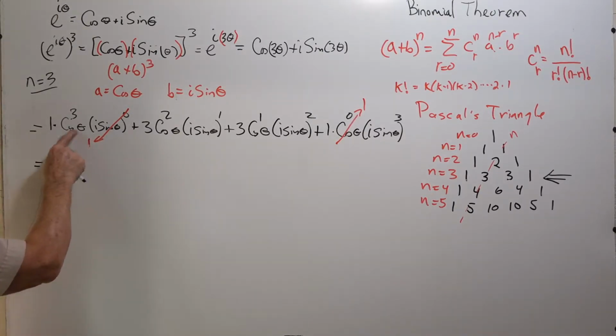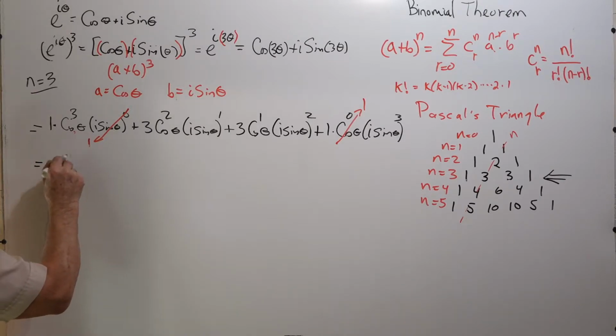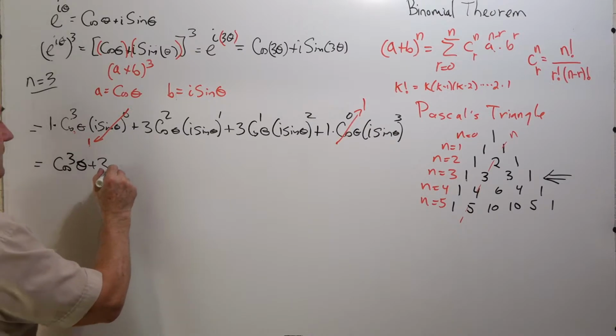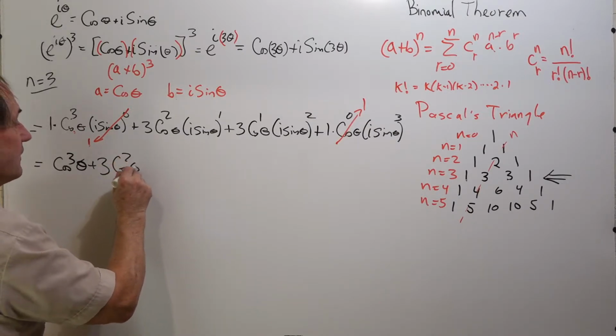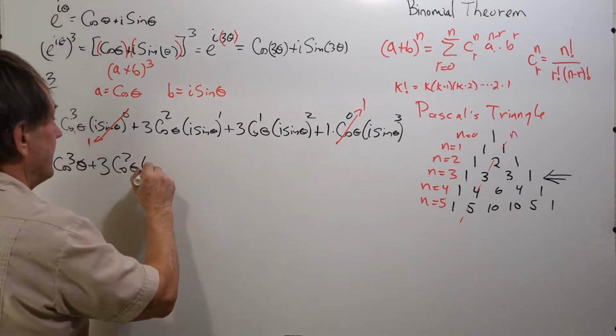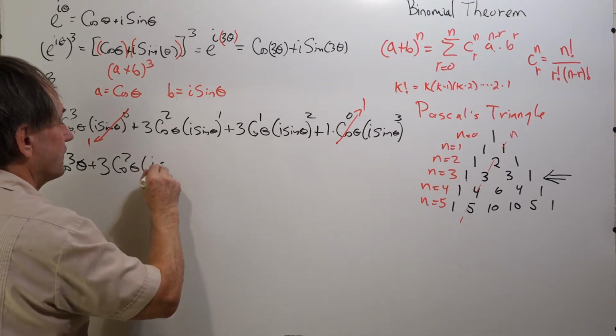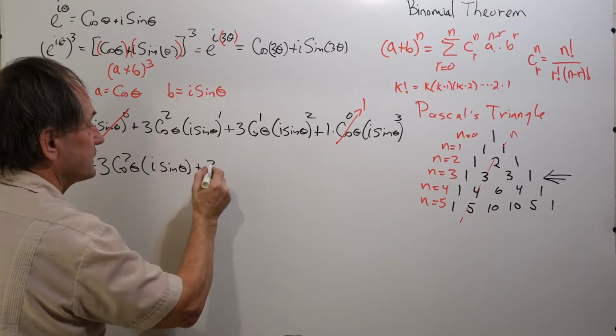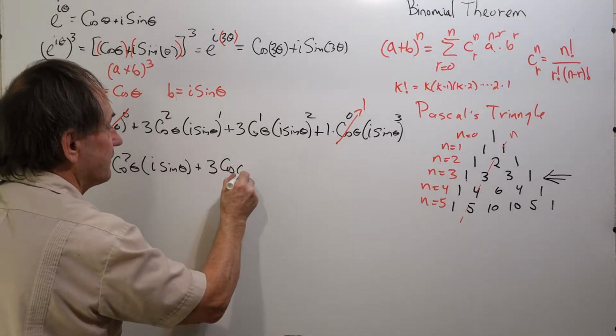So 1 times 1 times cosine cubed is just cosine cubed theta, plus 3 times cosine squared theta, and we have i sine theta to the first power, so i sine theta, plus 3 times the cosine of theta.